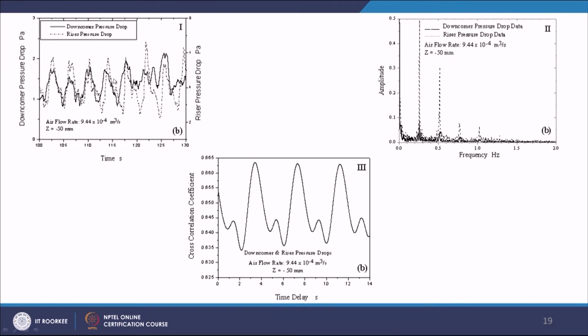You see we have downcomer and riser pressures over here, which are very erratic. Now, if you go for the power spectral density function of this, you will get something like this, which shows a high peak somewhere over here and another high peak somewhere over here, and you see the nature of the primary peak and secondary peak is always falling.